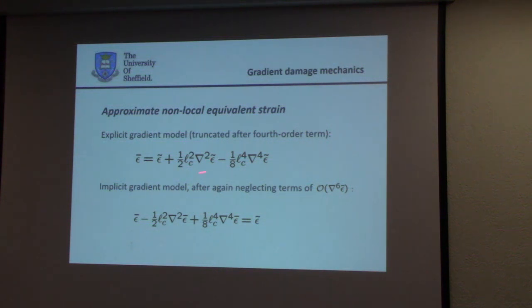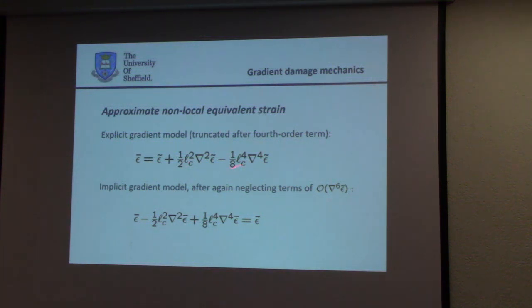This is still a bit nasty. Why? Well, here we have at some point the second derivative of the Laplacian. And to compute derivatives accurately is a hell of a task.